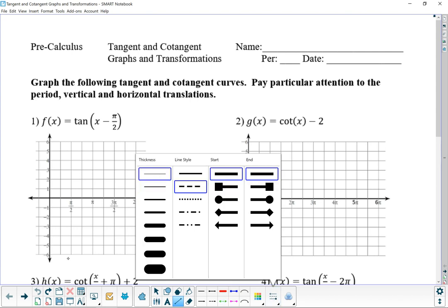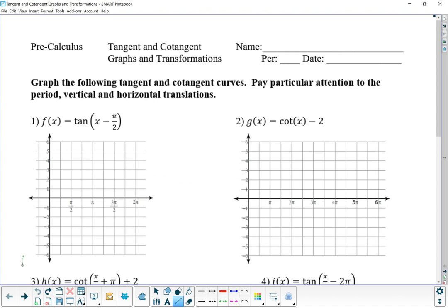So our period is pi, which means we go from negative pi over 2 to positive pi over 2, and all we're seeing is that little part on the negative side, right? When we graph it, each of them is going to be centered, and it's going to look like this.